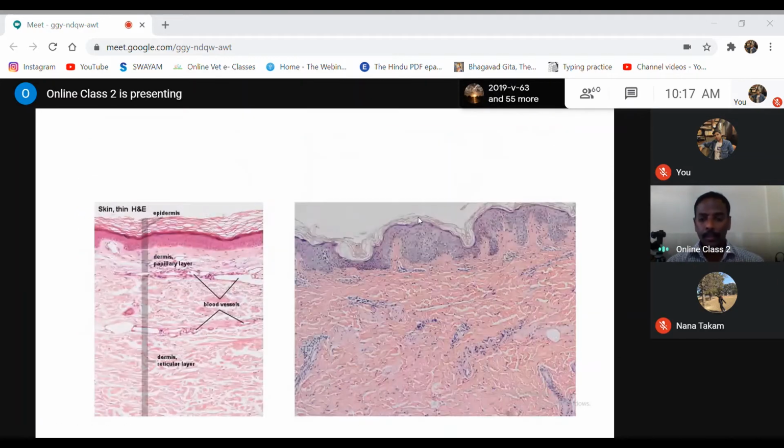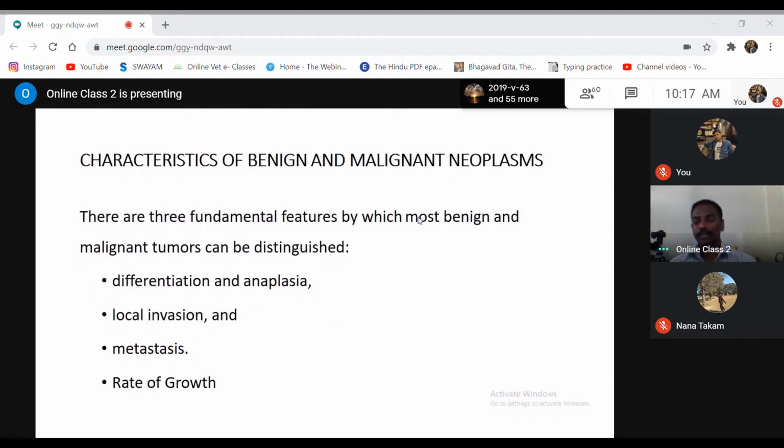So the next topic we are going to discuss is how to differentiate benign and malignant tumors. There are three major fundamental features based on which benign and malignant tumors are characterized.